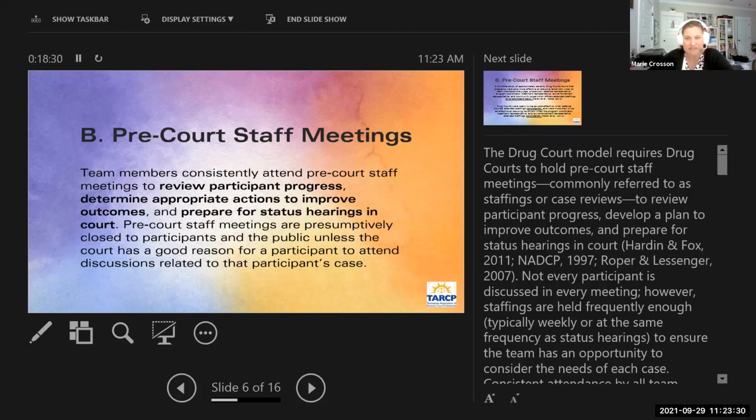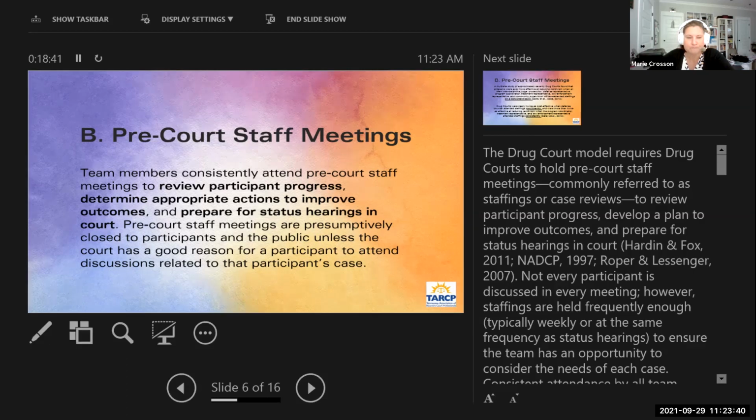Because the whole purpose is to move them through the program and to ensure that the best outcomes possible are there for them. And while it is always their choice, when you are able to think about it in those terms and focus on the goal for the participant, staff meetings become much more clear and concise.